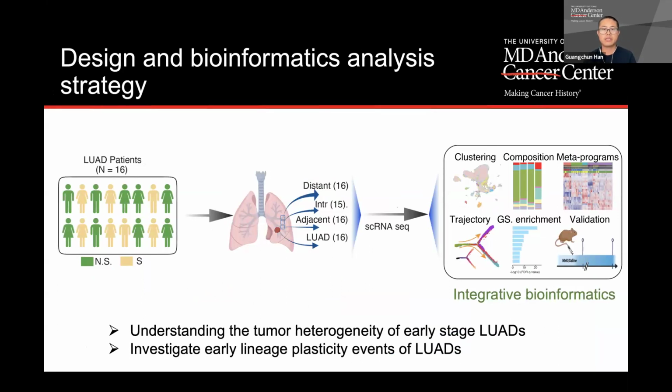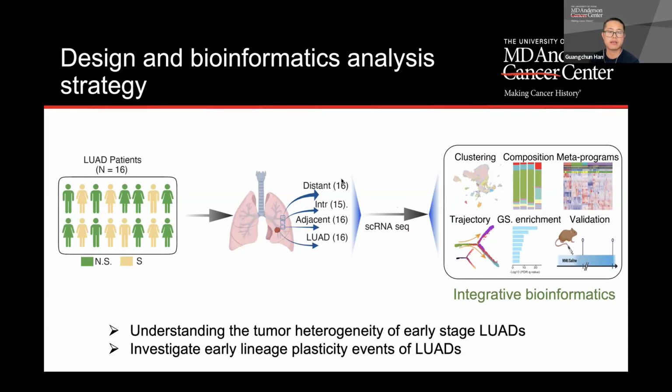After we got the samples, we profiled their single cell transcriptomics, as well as whole exome sequencing, to get an idea of what's going on within the tumor cells and normal cells. With this data, we performed integrative bioinformatics analysis, trying to build a comprehensive atlas of the single cells we identified, as well as, for example, the tumor cell meta programs that we can get from this data.